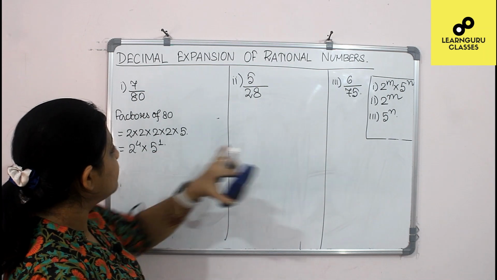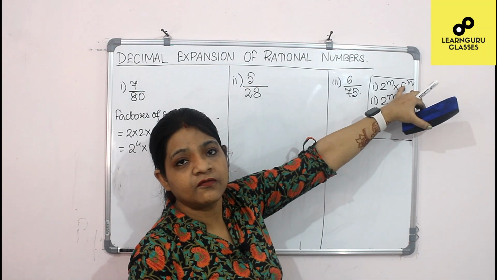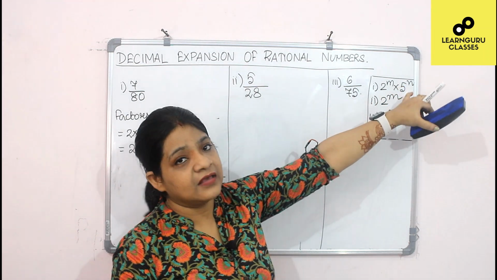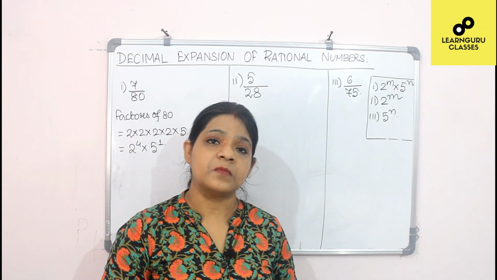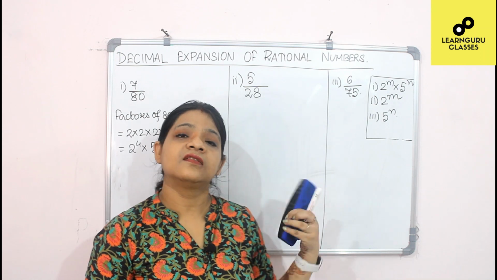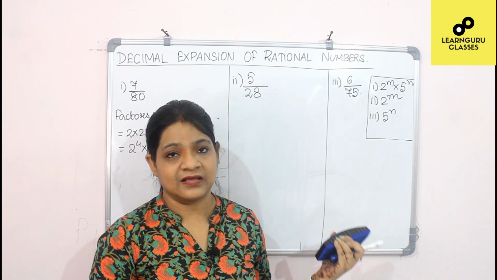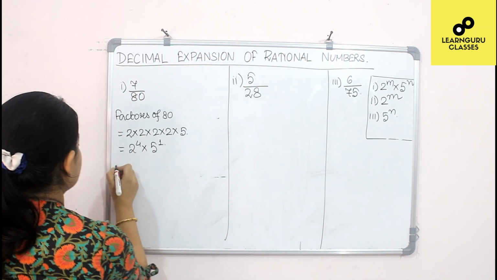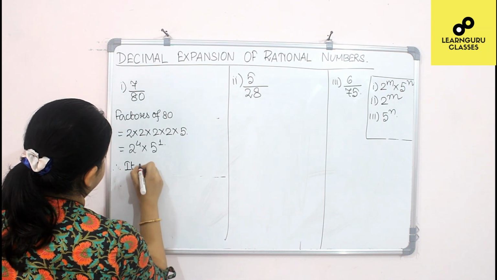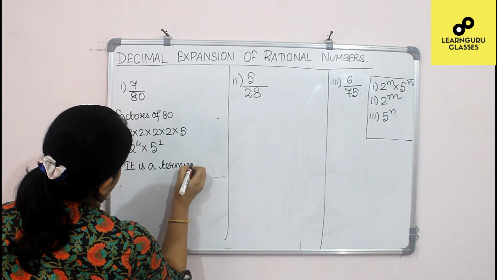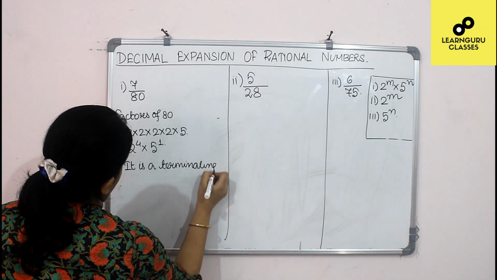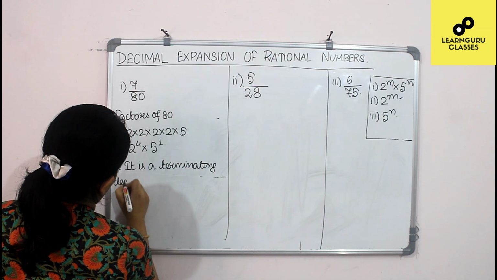Is it of the form 2 to the power of m into 5 to the power of n? Yes, it is. So we can say that it is a terminating decimal expansion.